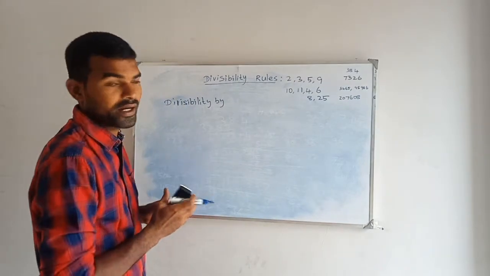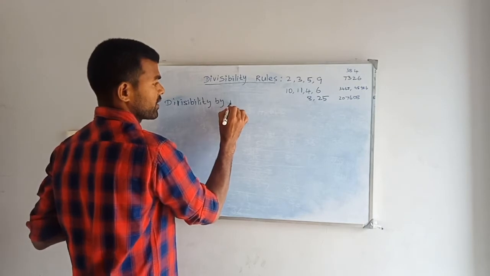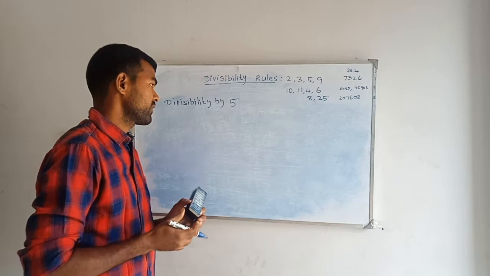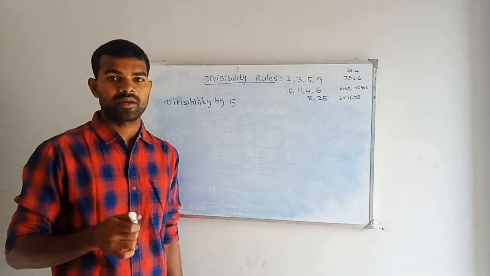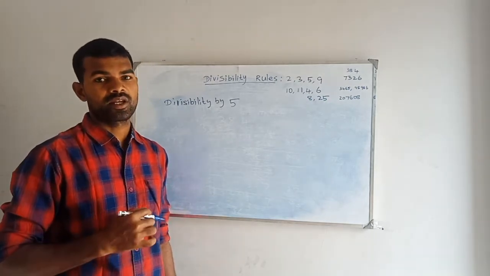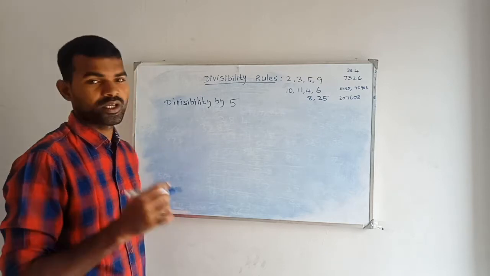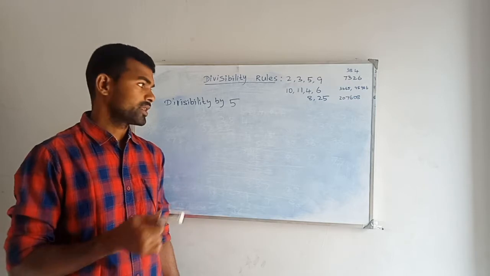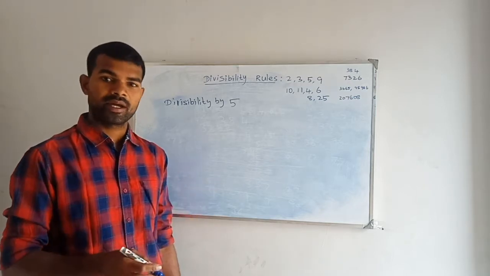The third rule is divisibility by 5. For divisibility by 5, we have to see the last unit digit. If the unit digit ends in 0 or 5, then the full number can be divided by 5.